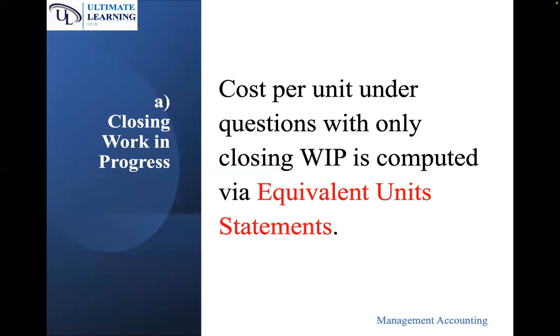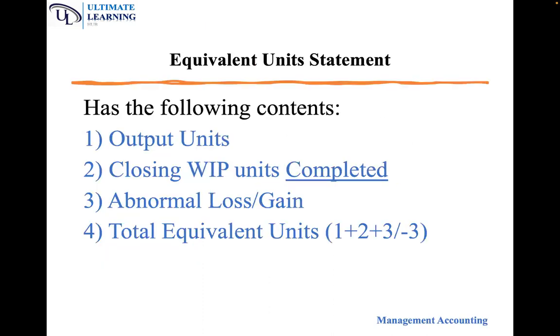So in process accounts with only closing work in progress, number one, we need to prepare what is called the equivalent units statement. And number two, you need to calculate the cost per unit.